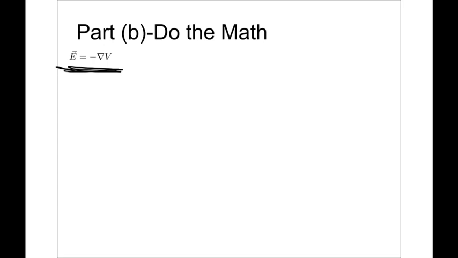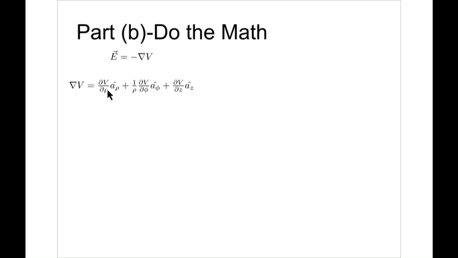So I'll just quickly write down a recap of what this gradient operator does. Because we're using cylindrical coordinates, this is the result of the gradient operator on V over here.